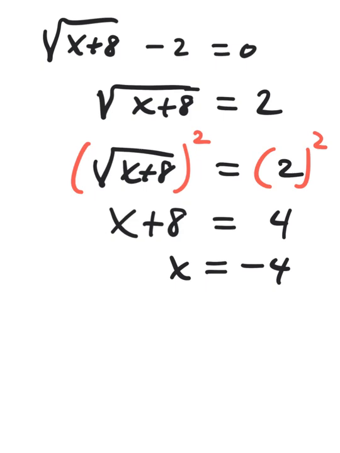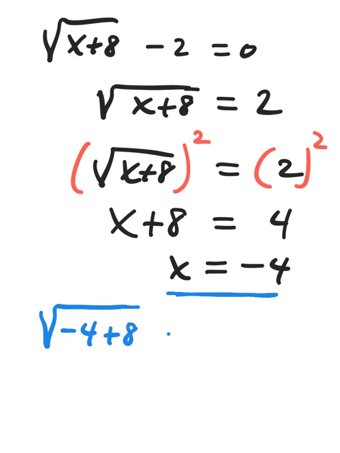Now with square root equations, you will need to check your answer. This is a candidate. If we substitute that in for x, into the original problem, I'm going to use a question mark because I don't know if it's going to work or not.